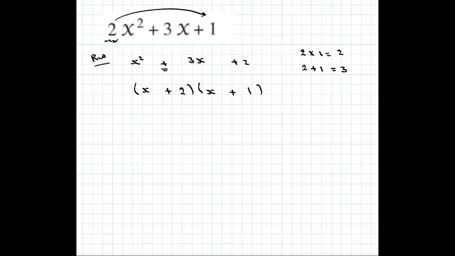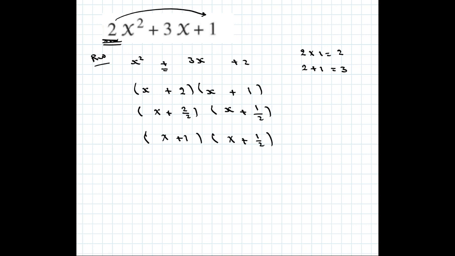Then we will divide both absolute terms in both brackets by the coefficient of x squared, which is 2. So x plus 2 divided by 2, and the other bracket will be x plus 1 over 2. Let's solve this simple division. x plus 1 and x plus a half.